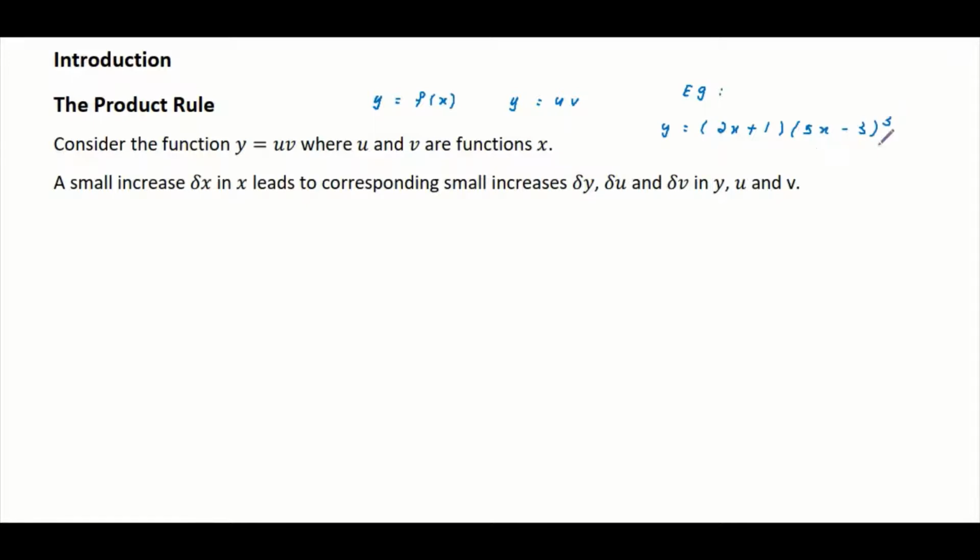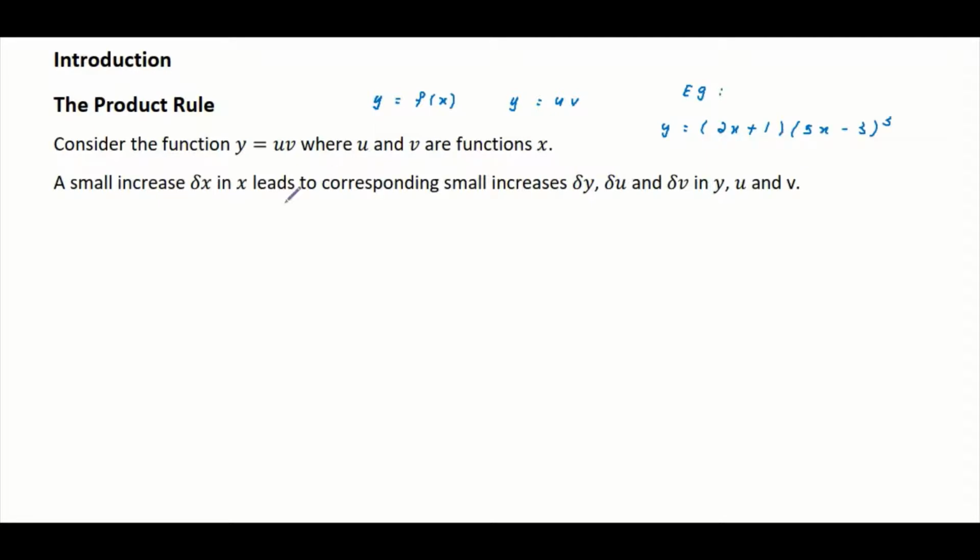If you want to expand it, it will be pretty complicated. You can always use binomial expansion and so on, but to avoid that working, we can see that this function splits into two parts, the first part is u and the second part is v. So we will use the product rule to help us solve this kind of question.